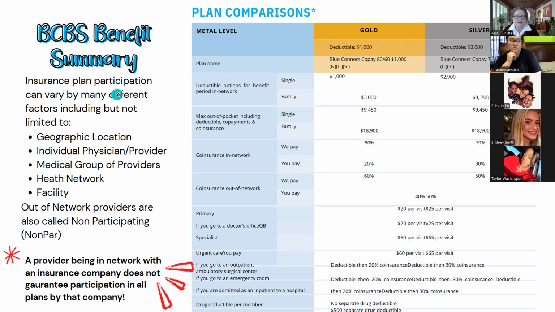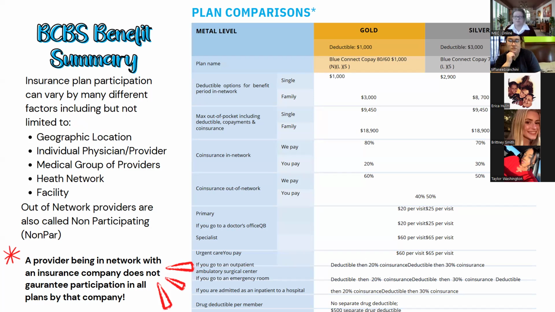But insurance plan participation can vary by many different factors, including but not limited to geographic location, individual physician or provider, medical groups of providers, the health network, or the facility. There are certain types of insurance that are so specific, they only cover doctors inside of Louisiana.